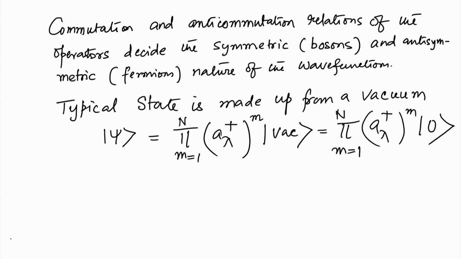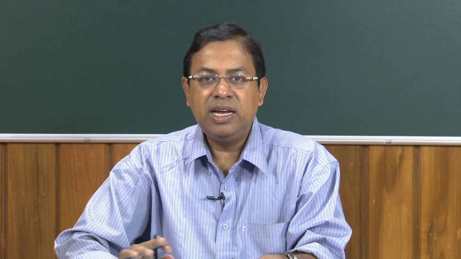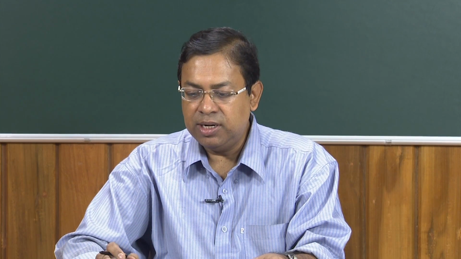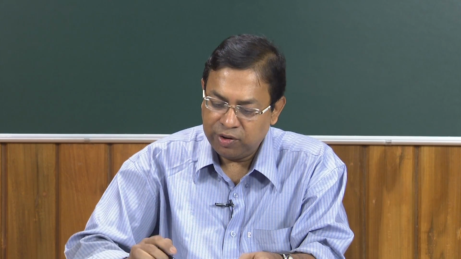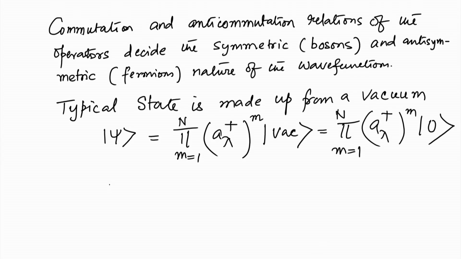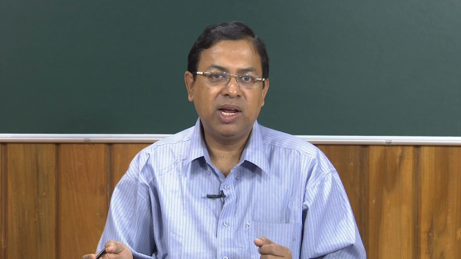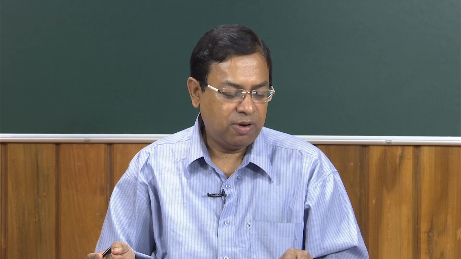So, that is my state, and as I said, in the second quantized notation, the states are formed by the creation operators or the annihilation operators. The annihilation operators I have not written, but one can define the property of the annihilation operator as one which is not written with a dagger and which, acting on the vacuum, gives me 0, which means that the vacuum has no particle. So, there is no way that one can annihilate a particle from there.